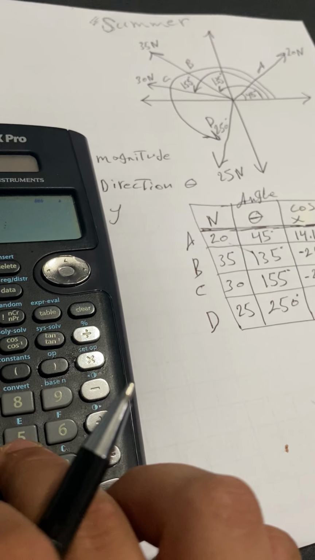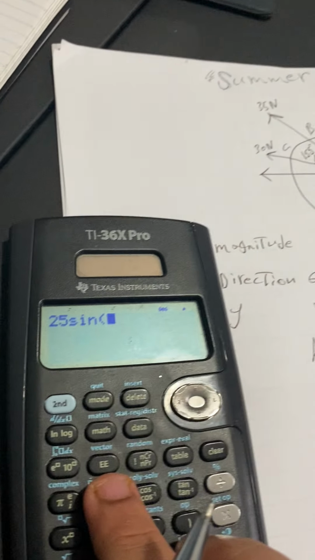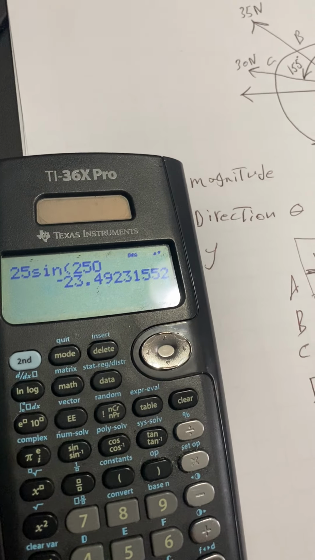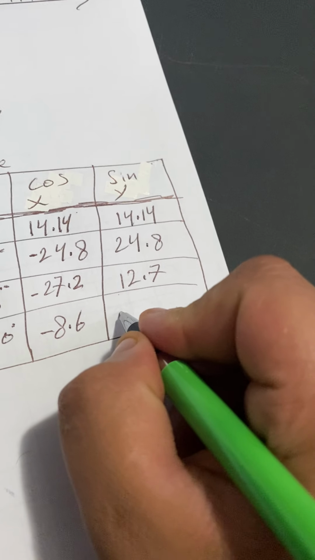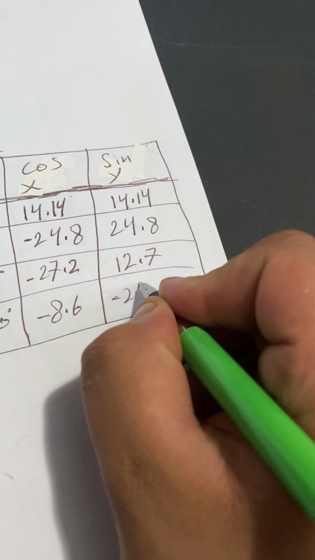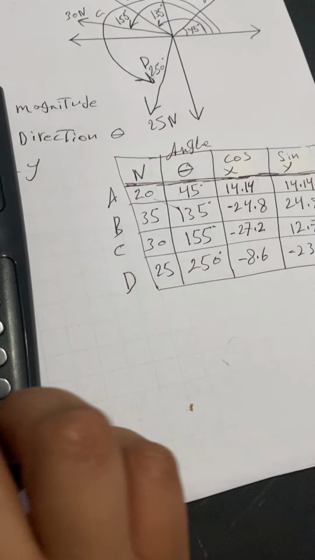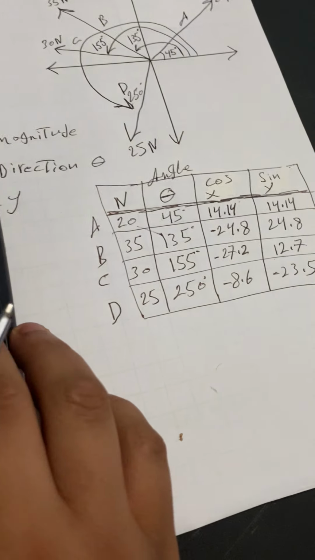And for the sine, it's going to be 25 sine 250. So for the sine, it's going to be negative 23.5. Yep. So now we filled up the chart.